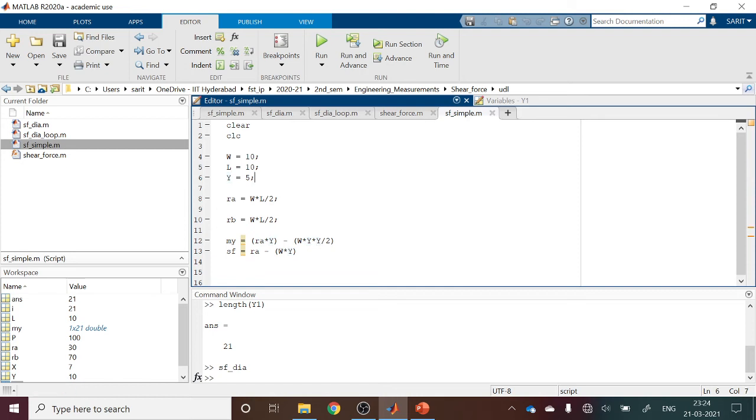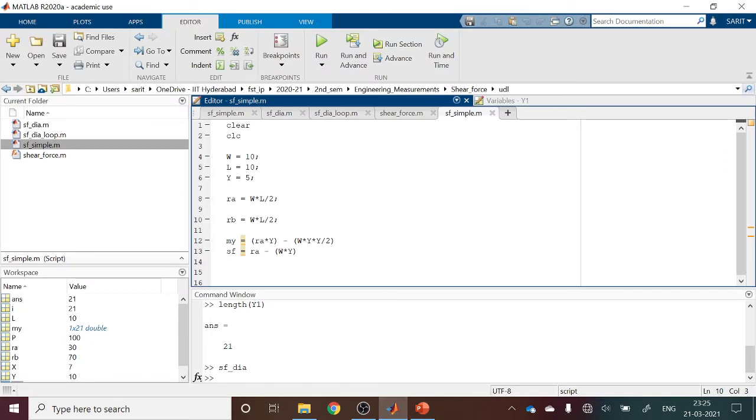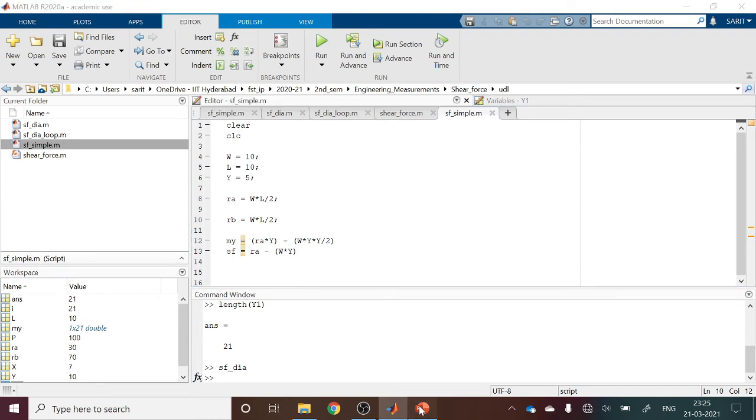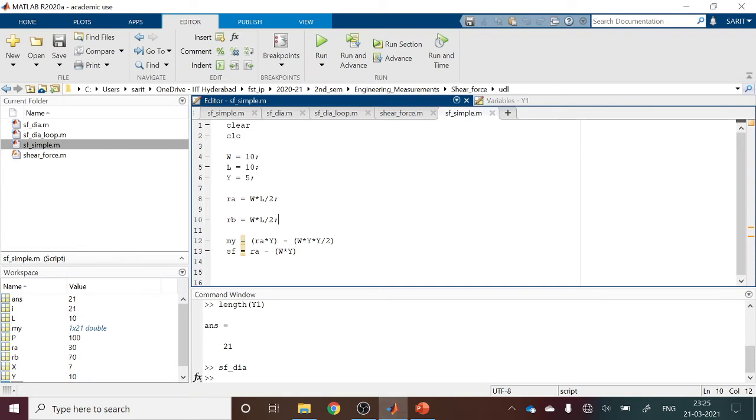For this example, the section is at the 5 location. RA and RB we computed. RA we already know is WL by 2, and RB is the same value. So now My is simply RA into y minus W y square by 2. Same thing here, RA into x minus W x square by 2, but here it is x instead of y.